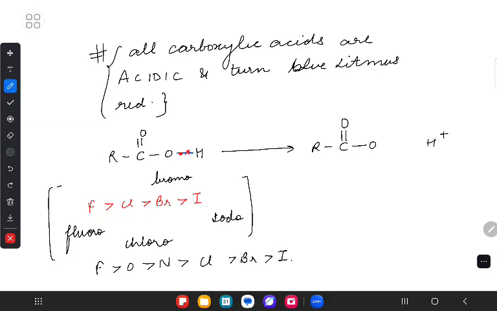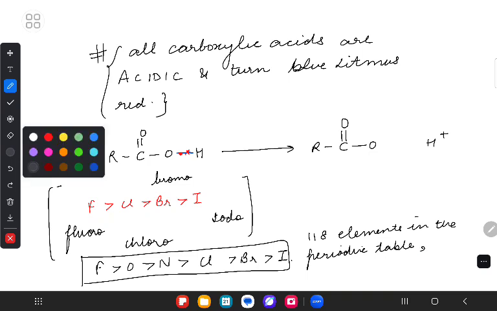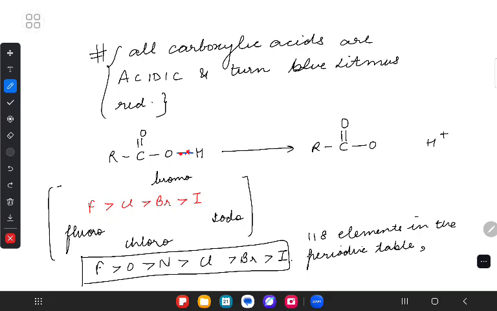You have to remember that these are the topmost strongly electronegative elements of the periodic table. So if we have 118 elements in the periodic table, what do we see here? We will see that fluorine is the strongest electronegative element. What do you mean by being the strongest electronegative element?